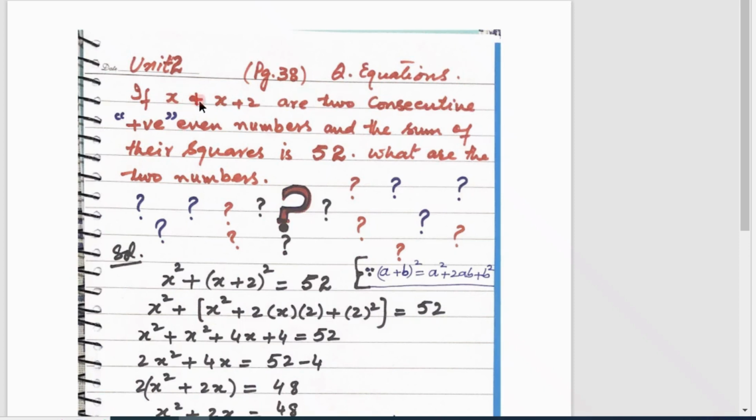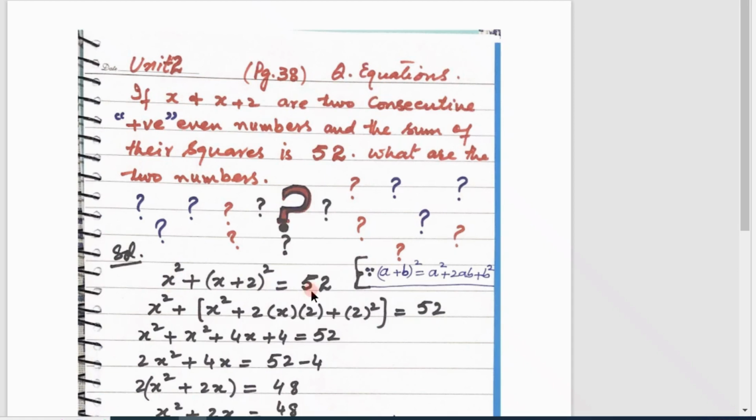If the numbers are x and x plus 2 and the sum of their squares is 52, we will write this statement in the form of an equation. I have supposed x and x plus 2, so I will take their squares and add them up and make them equal to 52.